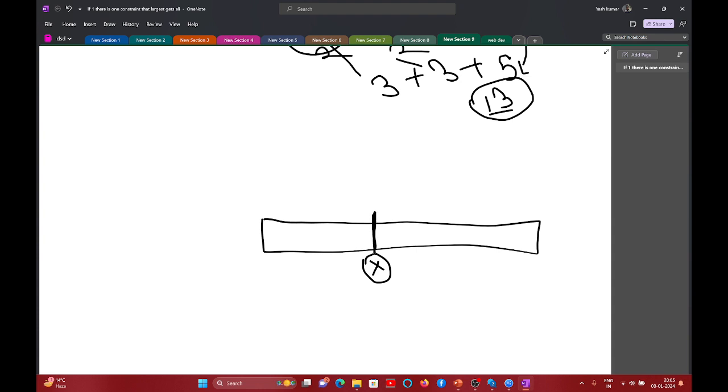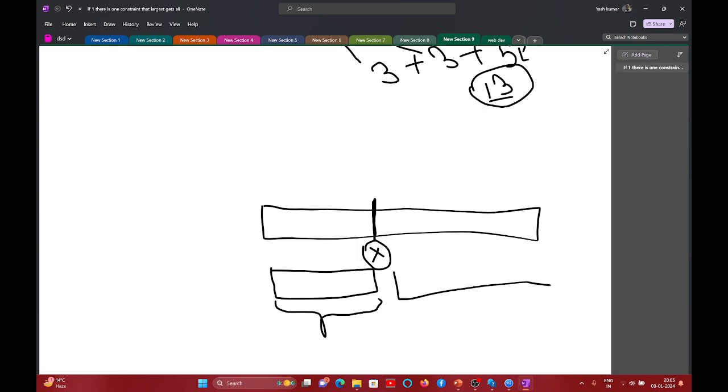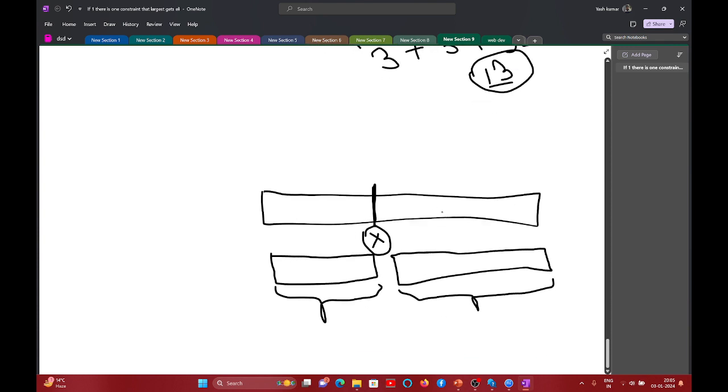Then I know one thing for sure: the optimal solution will be the summation of the optimal solution for this part and the optimal solution for this part. I think this is understood by common sense. Suppose its length is A and its parts are B and C.